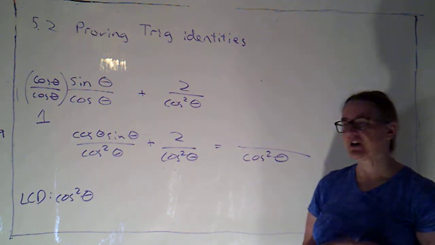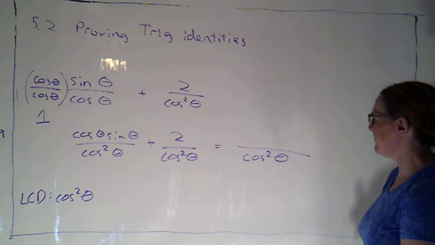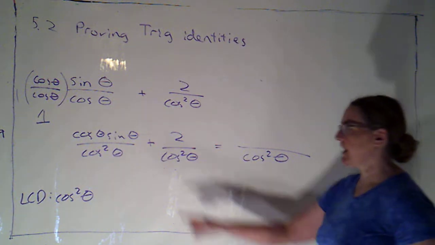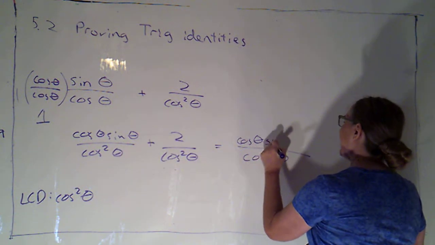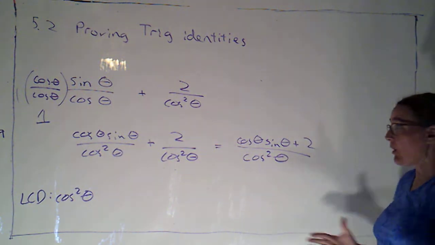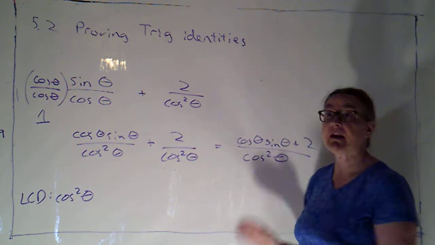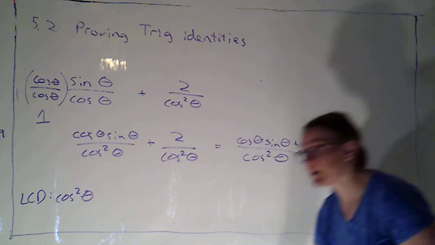The denominator tells me what type of thing I have. Here the type of thing I have is cosine squared. So I've got this many plus that many. I've got a total of cosine theta sine theta plus 2. Now, is it always going to be simpler to have one fraction versus 2? No. But if I thought for a particular problem it was, this is how I would get there.